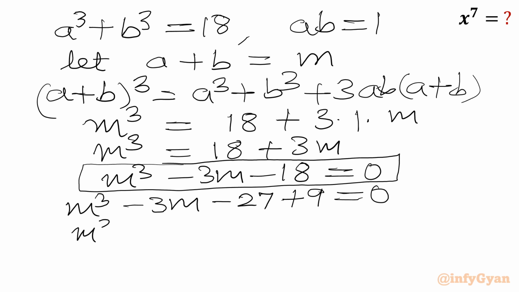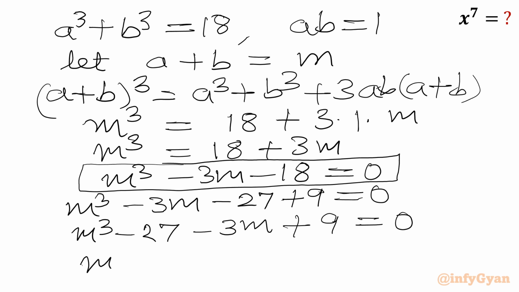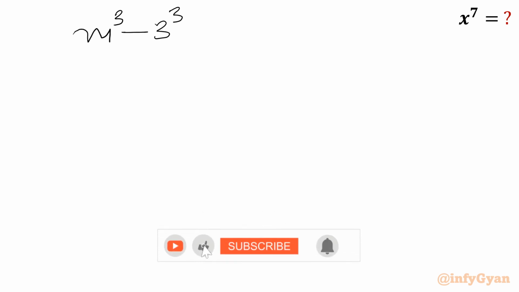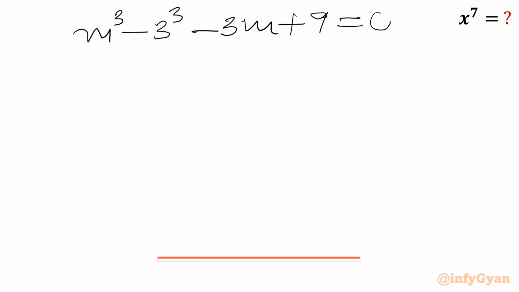So I can write m cube minus 27 and then minus 3m plus 9 equal to 0, or we can write m cube minus 3 cube and then minus 3m plus 9 equal to 0.